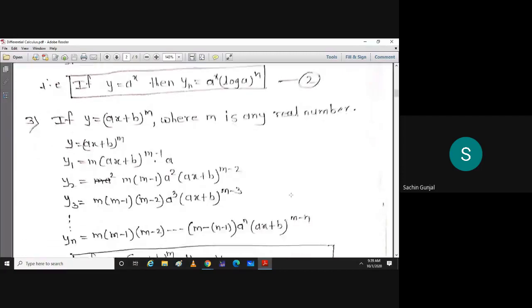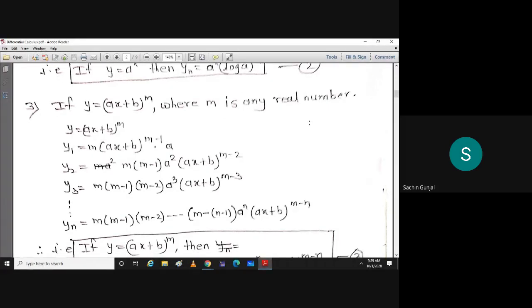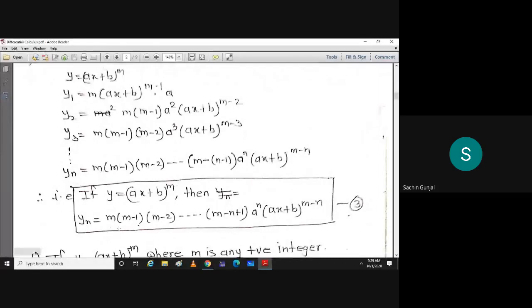And then the third function was y is equal to ax plus b raised to m, where m is any real number. We observed that its nth derivative is m into m minus 1 into m minus 2 and so on, m minus n plus 1 into a raised to n into ax plus b raised to m minus n.